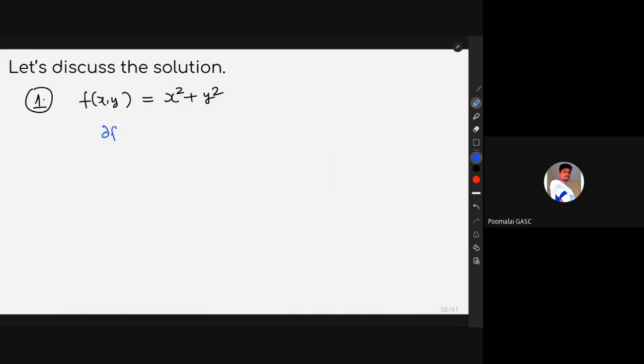So we will get 2x, and differentiating with respect to y, I get 2y.